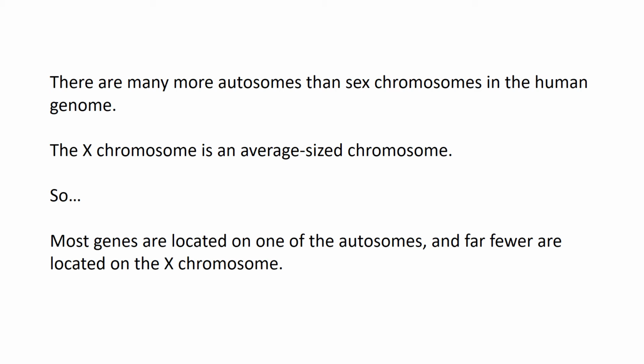So as a rule, most genes are going to have an autosomal location. That's just going to be the way it works out, because most of the chromosomes are autosomes.